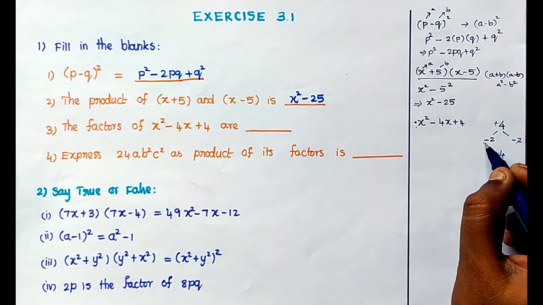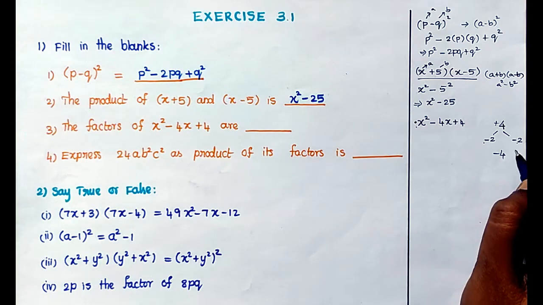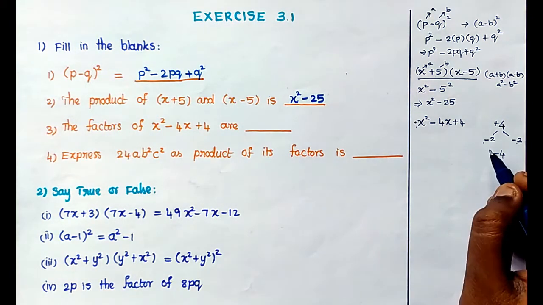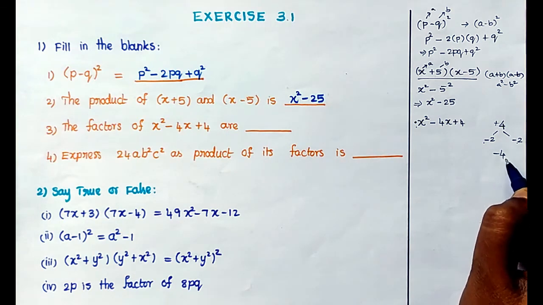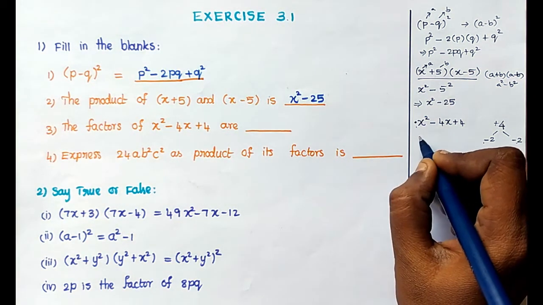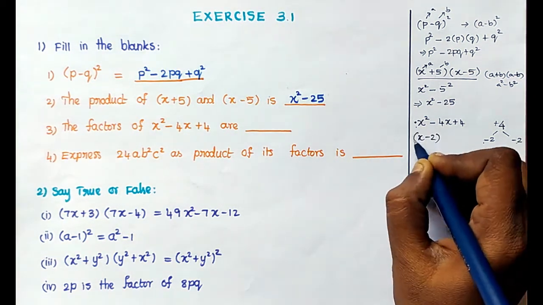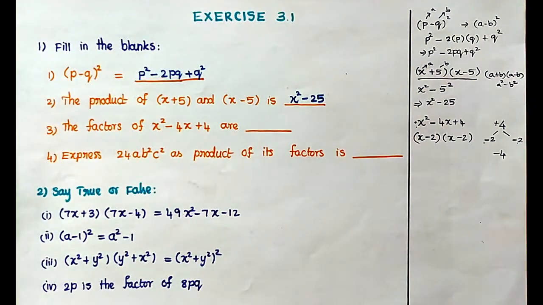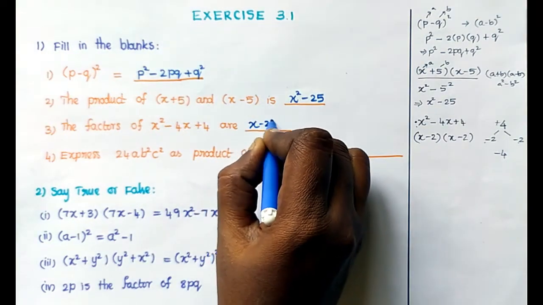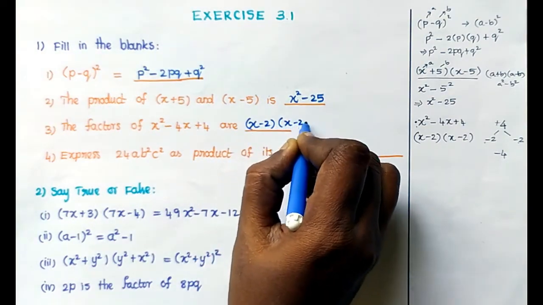Both the signs are the same, so we add the numbers with the same sign, giving minus 4. So (x minus 2) and (x minus 2) are the factors. (x minus 2) into (x minus 2).